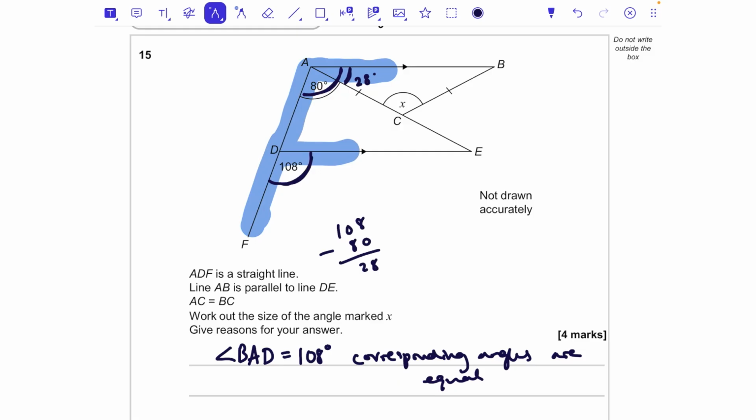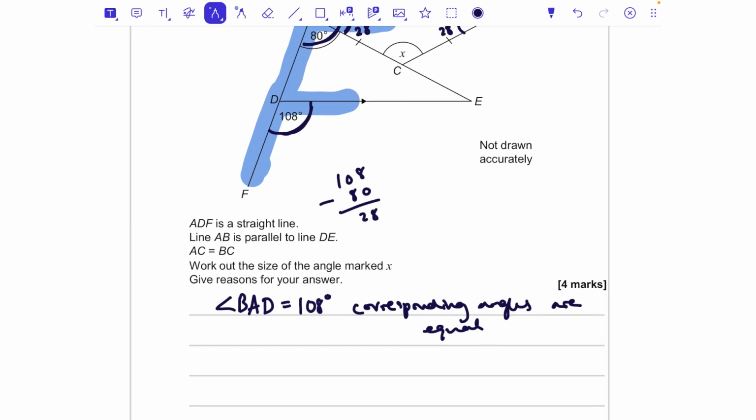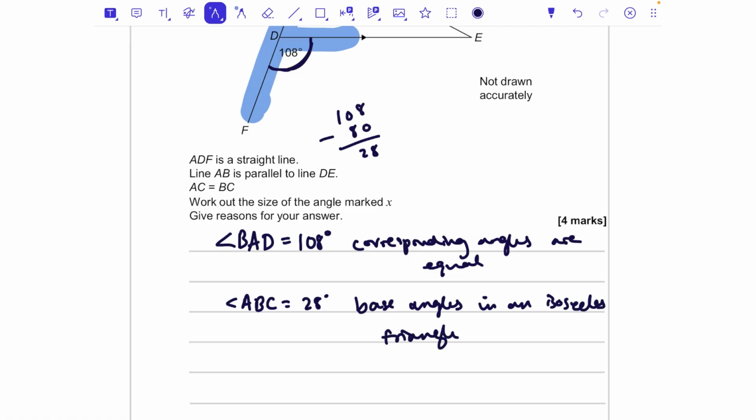Now, that's an isosceles triangle at the top. So if that one's 28, then this one is also 28 because base angles in an isosceles triangle are equal. So let's put angle ABC because base angles in an isosceles triangle are equal. I apologise for my handwriting.